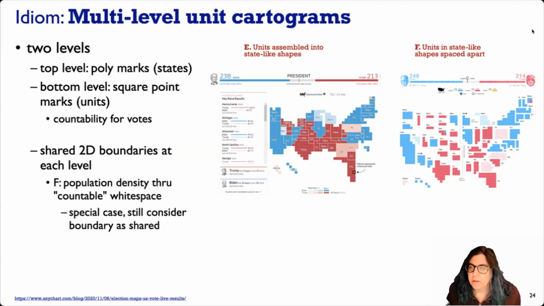So even though these don't seem to be touching at first glance, I'm going to count these as being touching because there's little blocks of white space in between those. So that's a counterexample to most of the time where I say you need to have marks actually touch each other to count as shared boundaries. But in this case, there's some implicit little white boxes as well.